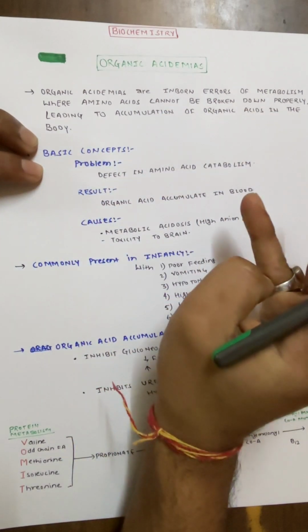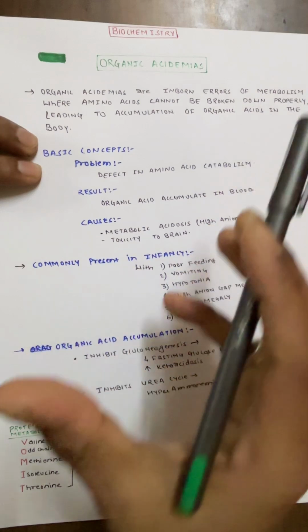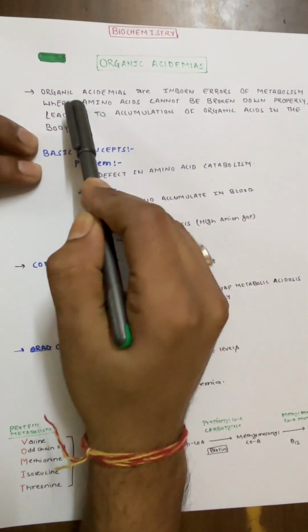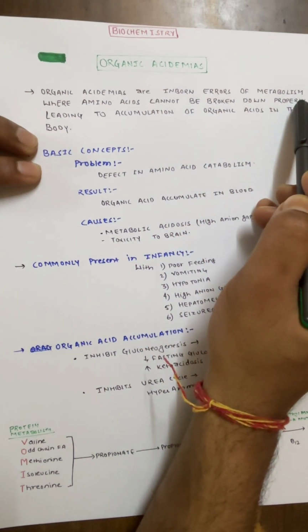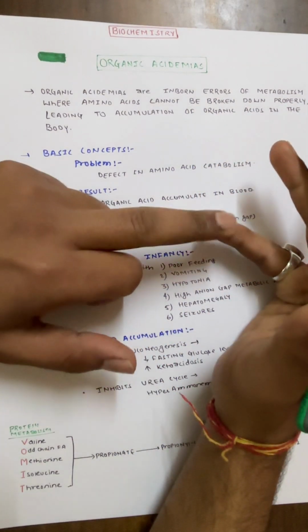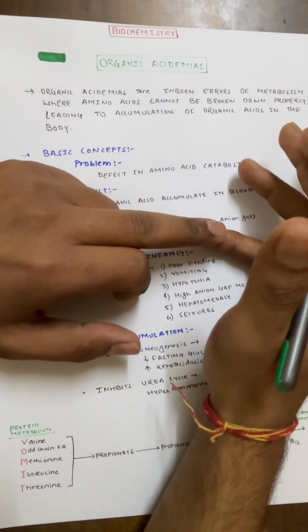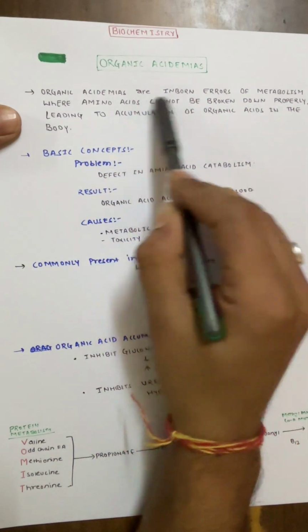In the last video on cystinuria we saw that some amino acids are not getting reabsorbed, but over here there is an inborn error of metabolism where amino acids are not broken down properly. Like in maple syrup urine disease, we saw that the branched chain amino acids are not getting degraded properly. Same over here, it's not getting broken down.